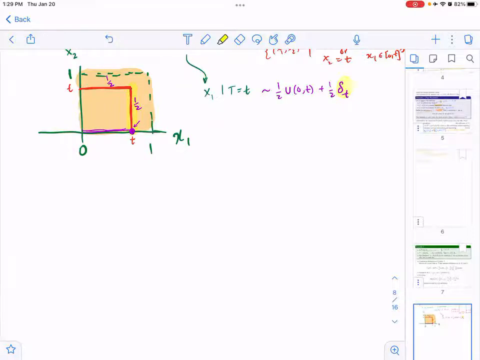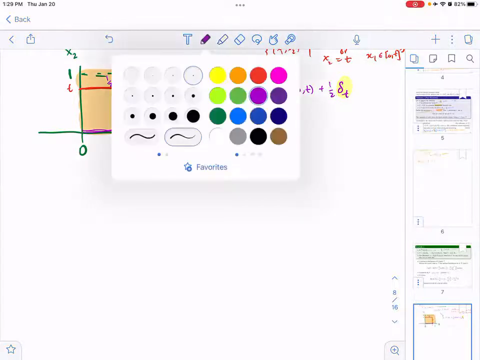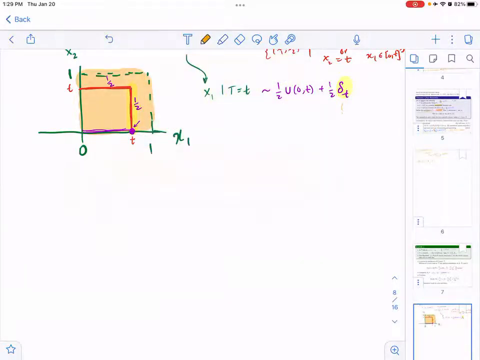The CDF would be a step function. But delta of x in general means a point mass. The point mass at t.